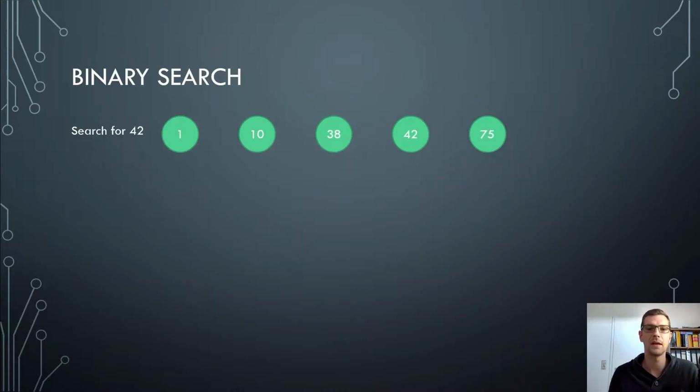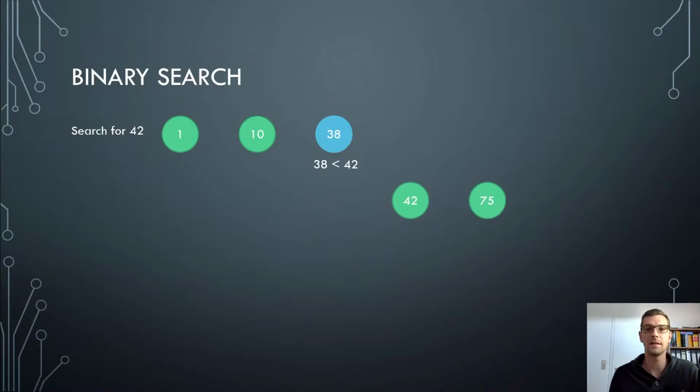Let's have another look at what happens if we search for something on the right side. Here I have our array again written down, and we search for the 42. So again, we take our element in the middle of the array and compare it to the 42. The 38 is smaller than the 42, so we have to look in the array on the right side of the 38 if the 42 is included. So we take these.